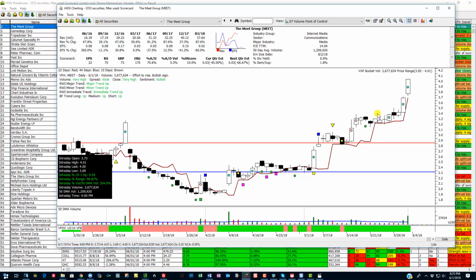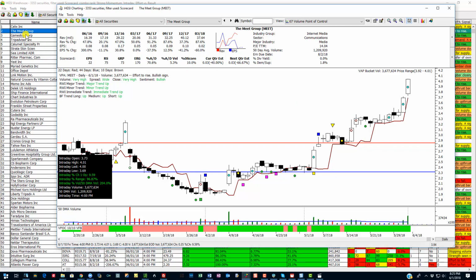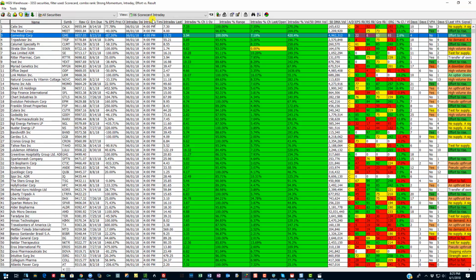A good trade yesterday. I picked it up on a buy stop about right in here, but this is one of these stocks that I found early in the morning, and you'll see the technique that I use for that. In fact, the technique is the scorecard intraday among some other views that I use.